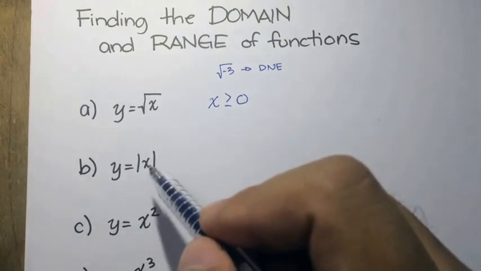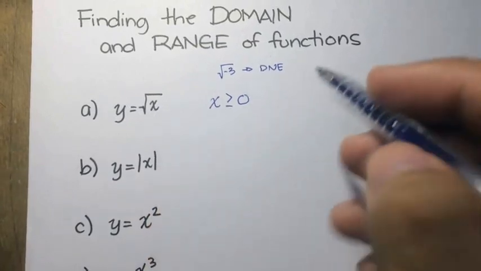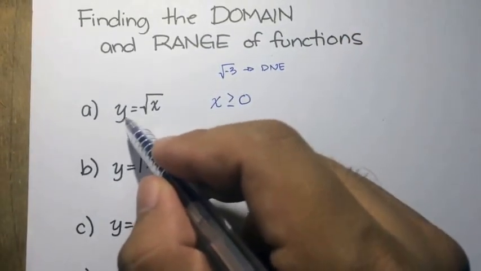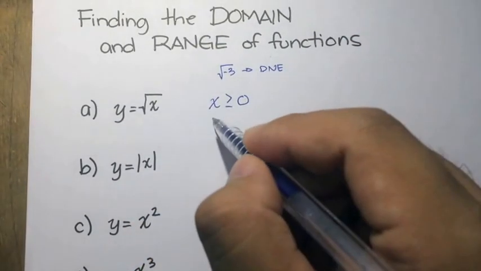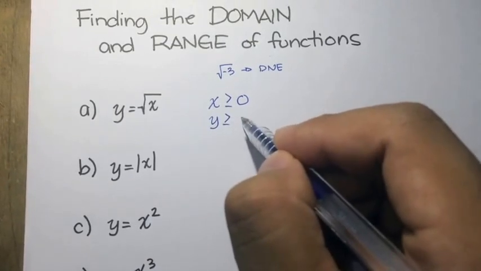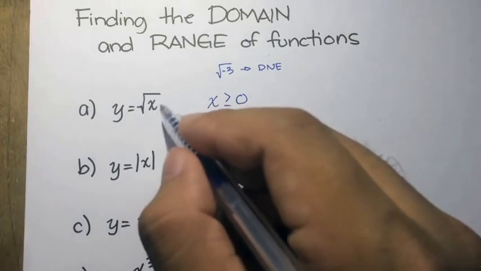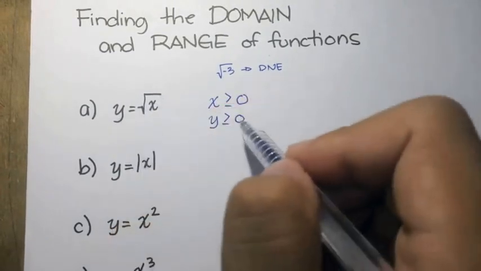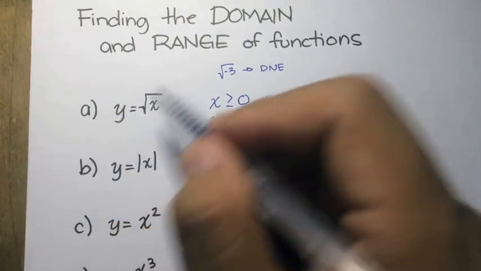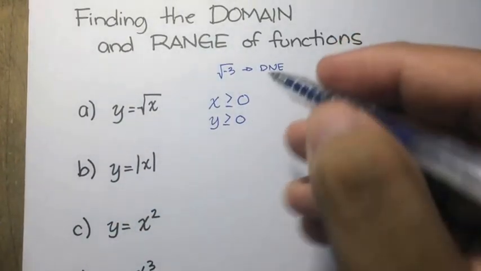It will never be a negative number. That's why y will always be greater than or equal to 0. The smallest that I can substitute here is 0. So the square root of 0 is 0. The square root of 1 is 1. So y goes up no matter what I substitute.